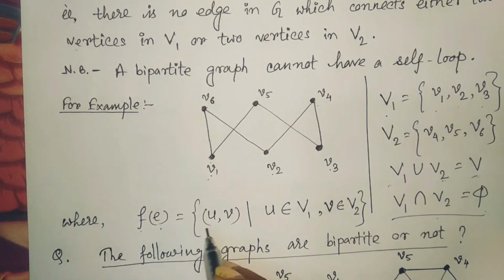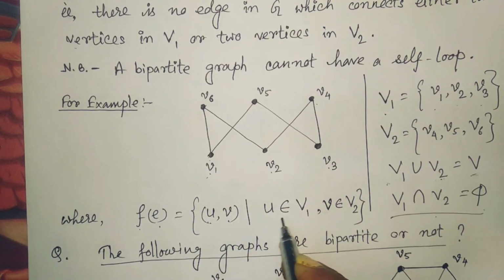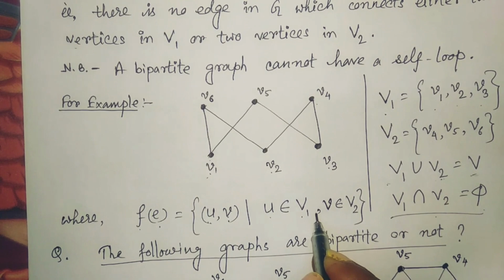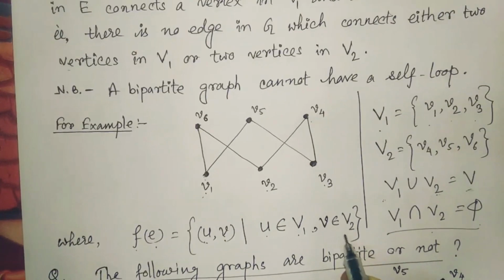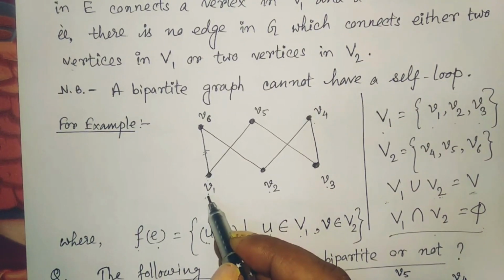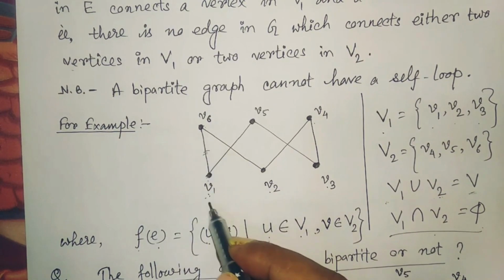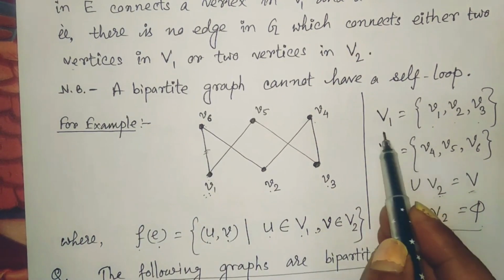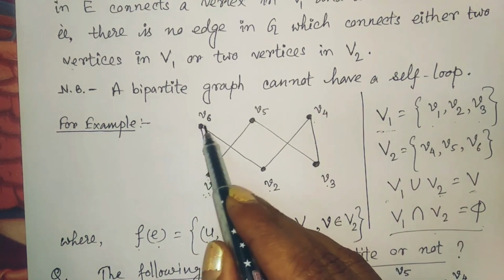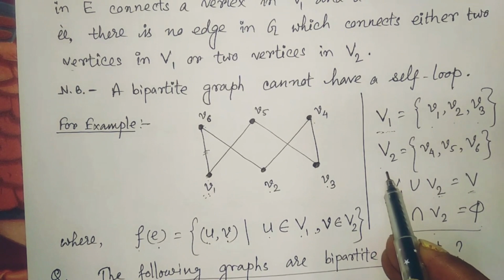The edge e is (u, v), where u is a vertex from the set V1 and v is a vertex from the set V2. That means, suppose this one is the edge, then this edge connects v1 and v6, where v1 is a vertex of capital V1, and v6 is a vertex from the set capital V2.